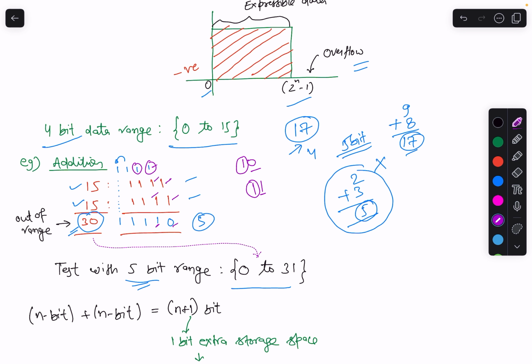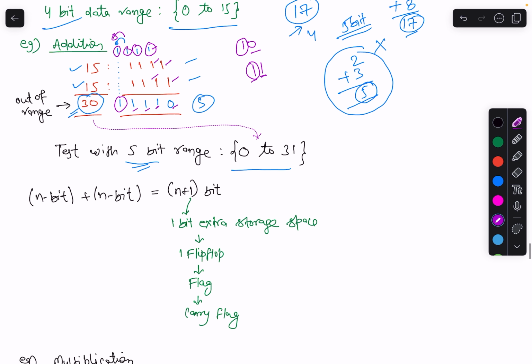Again 1 plus 1 is 1 0, plus 1 is 1 1. Similarly here we take this 1 and then 1 as carry. Again 1 plus 1 is 1 0, plus 1 is 1 1. So we take 1 here and then this 1. This 1 bit is out of the MSB, so this is nothing but a carry.